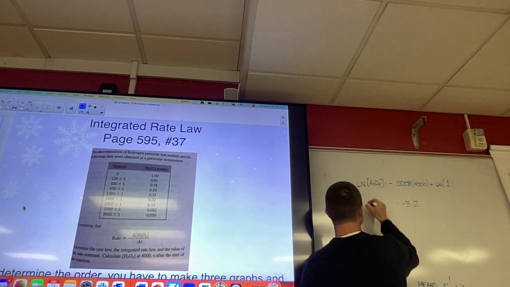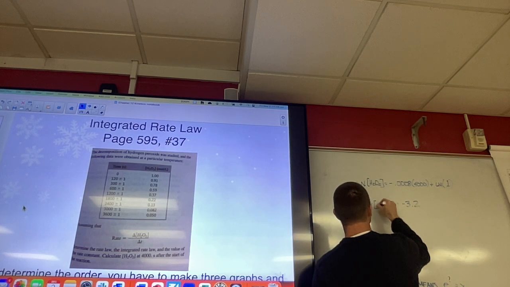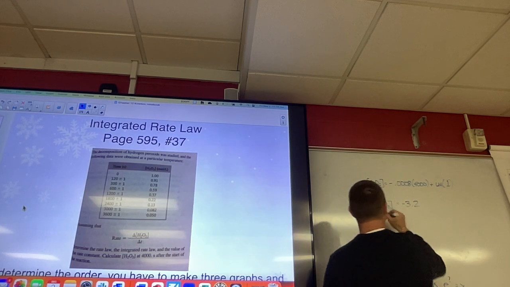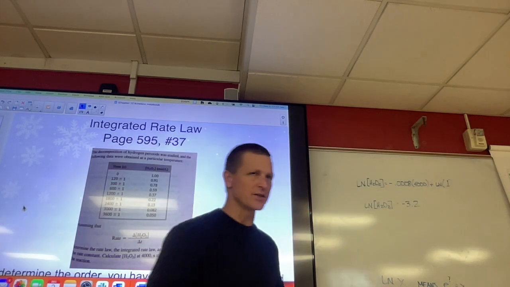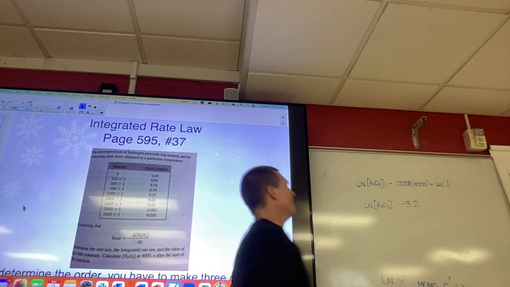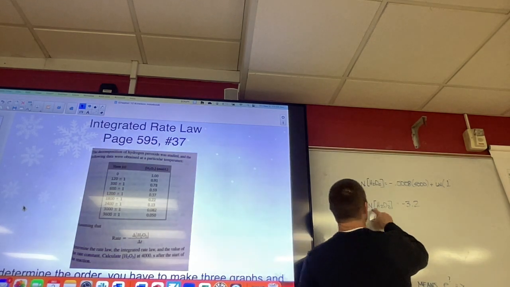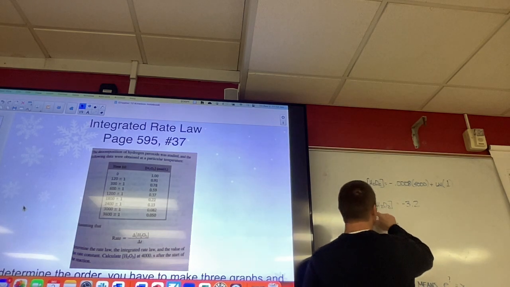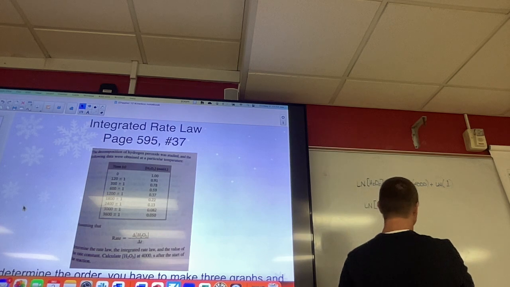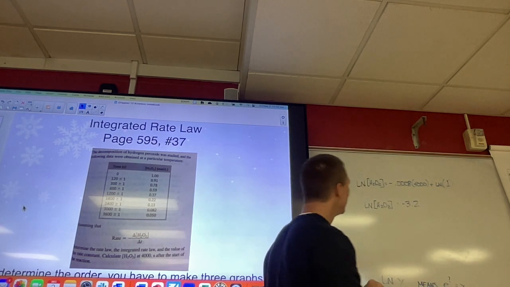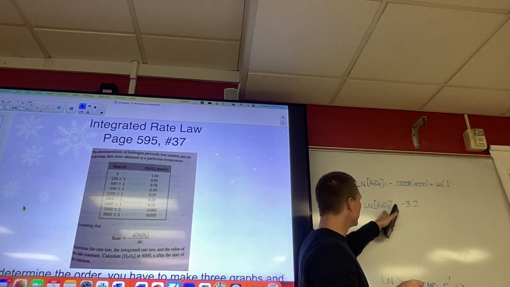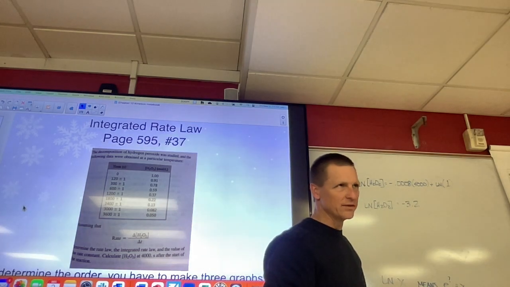My left side is the ln of H2O2. Now we need to find the hydrogen peroxide concentration here. So what this is asking is, the natural log of H2O2 is negative 3.2. That means that e to what power is equal to negative 3.2.